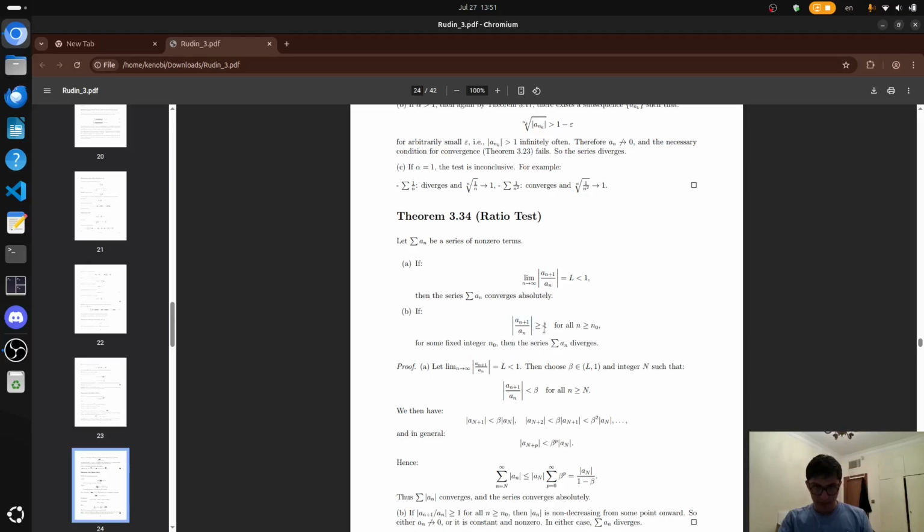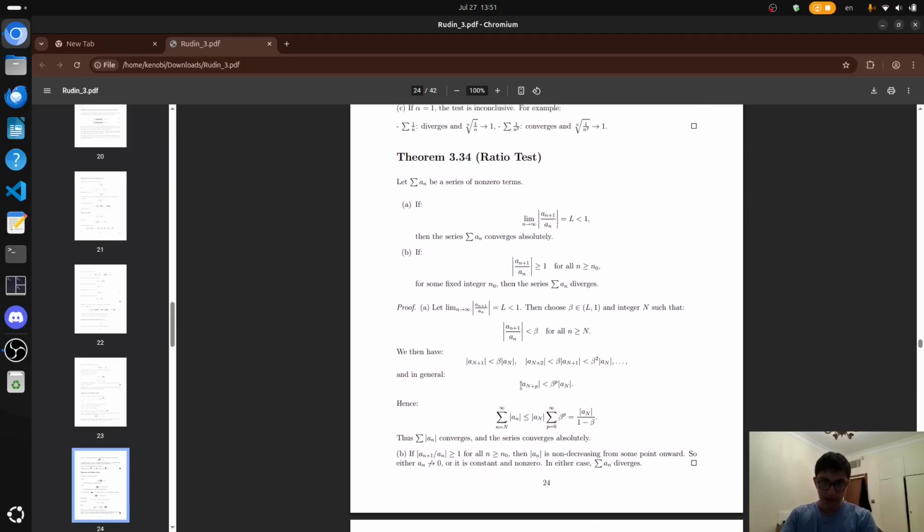That doesn't mean that this is equal to 1 in here, because, okay, we're just giving a bound for this over here. What we're saying here doesn't mean that the limit as n goes to infinity of an plus 1 over an equals 1. And actually, when the limit equals 1, it implies nothing about the convergence of sum an. And the proof is really similar. So you're just exponentiating again because each term is less than the other.